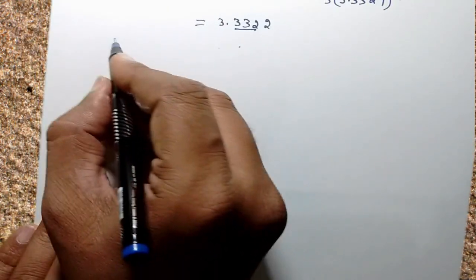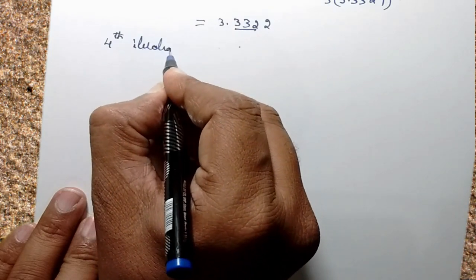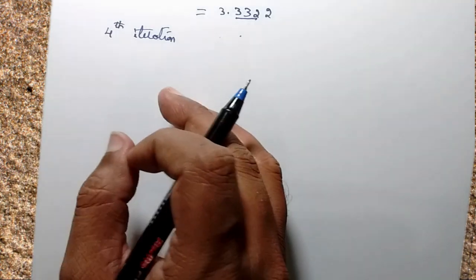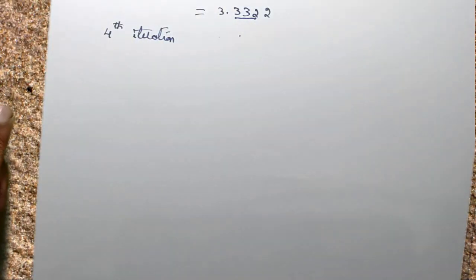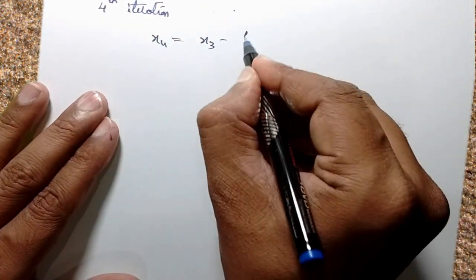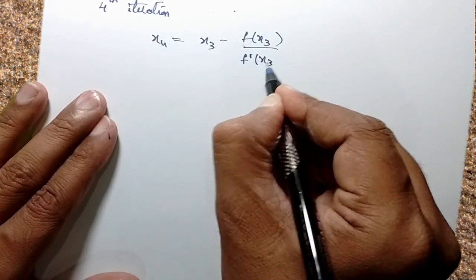So next we'll go for the fourth iteration. Because 3.3322 you have, and 3.3327 you had before. So therefore we'll go for the next iteration. X4 will be equals to x3 minus f of x3 divided by f dash of x3. So what is the x3 value here?